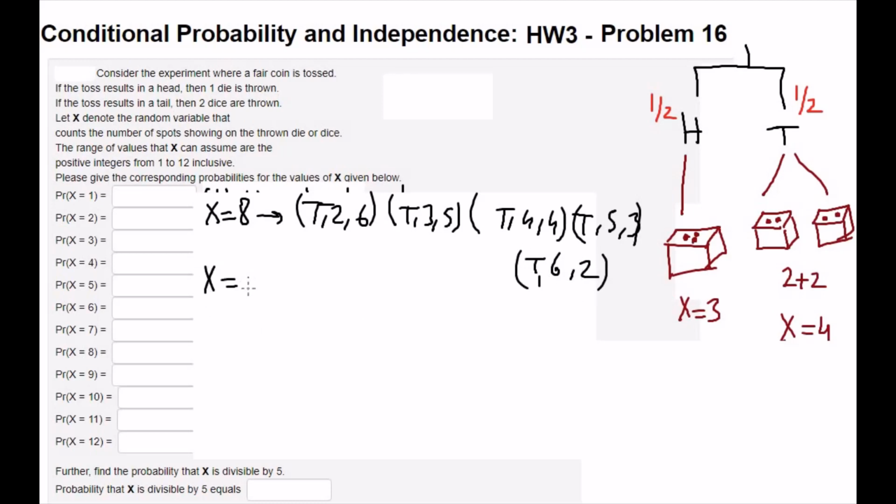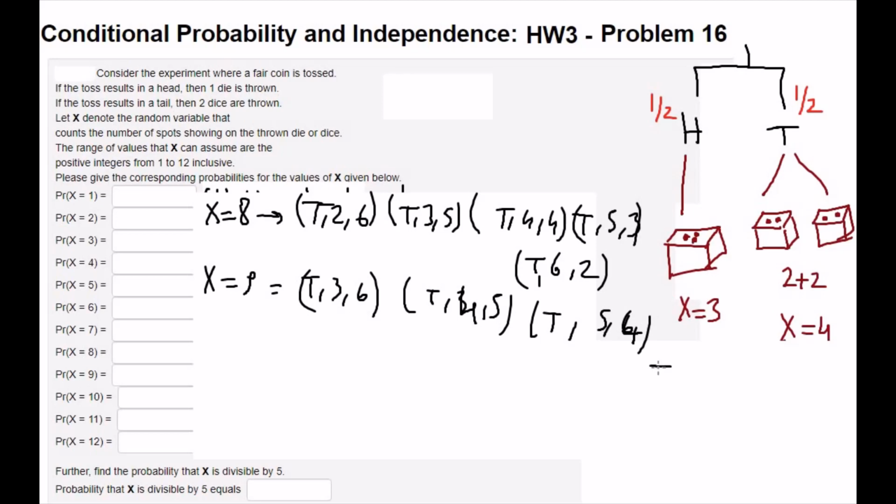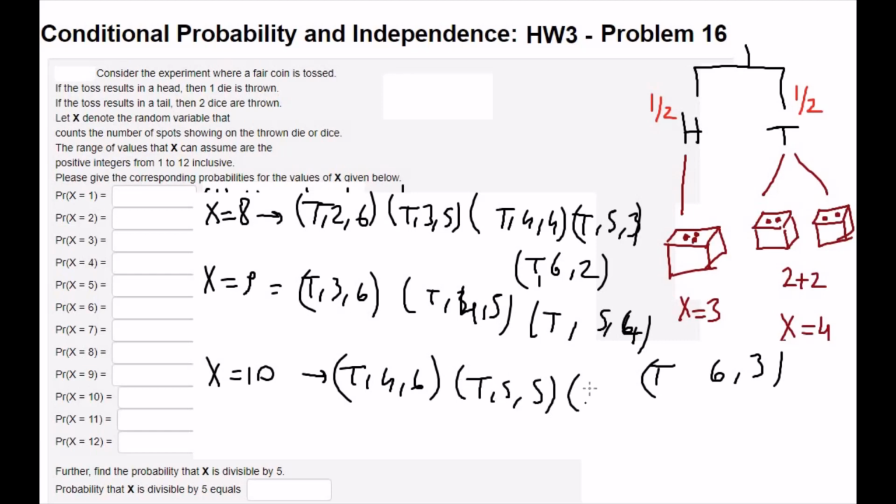And for x to be 9, we need tail 3, 6, tail 4, 5, tail 5, 4, and tail 6, 3. For x to be 10, we need tail 4, 6, tail 5, 5, and tail 6, 4.